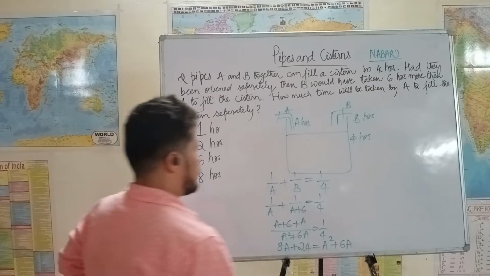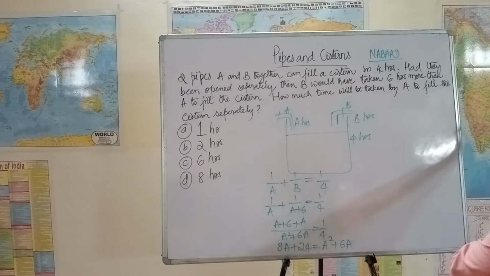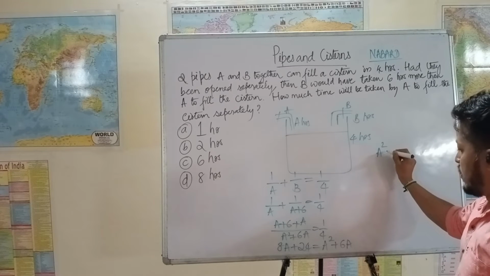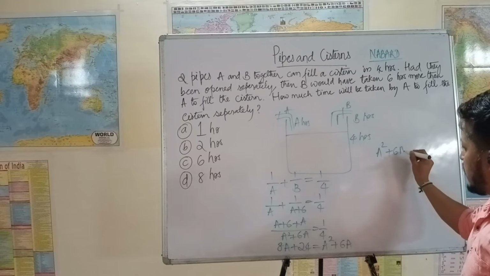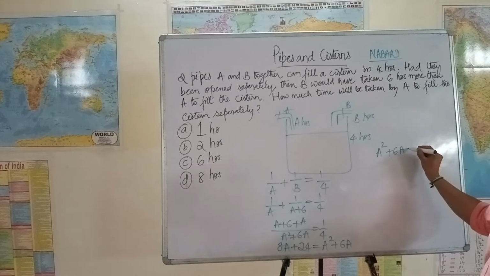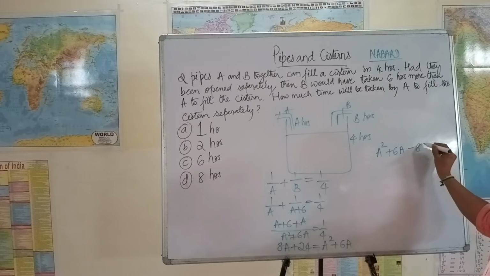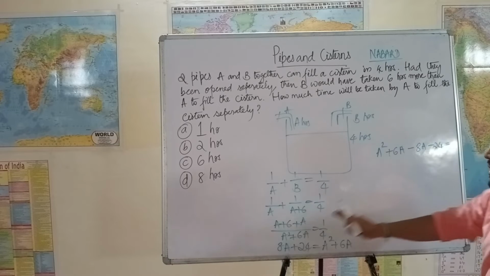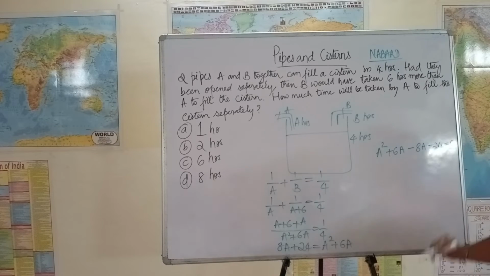So this gives us a quadratic equation to solve. I take this on the right hand side, so this becomes A square plus 6A minus 8A minus 24, and after that nothing is left, so it is equal to 0.